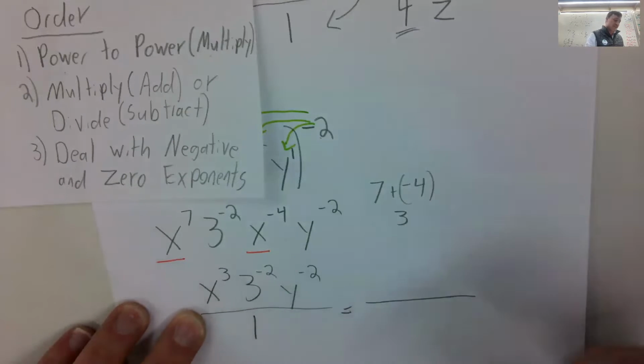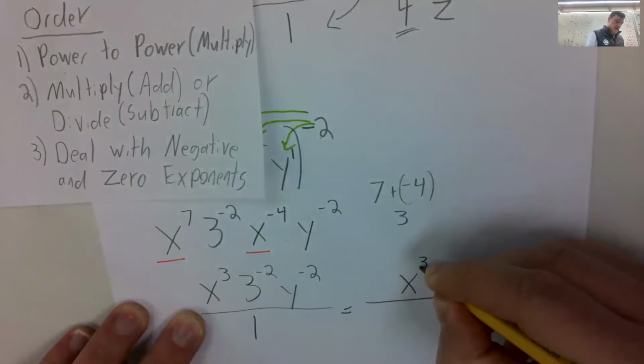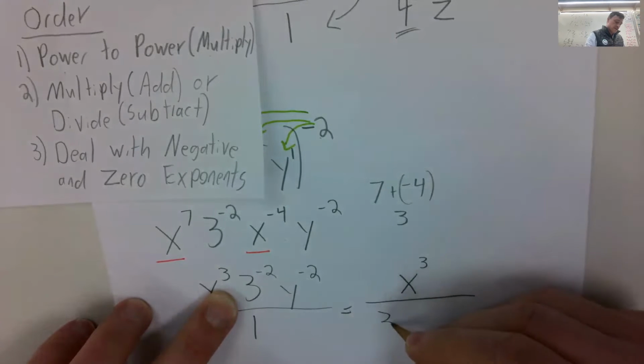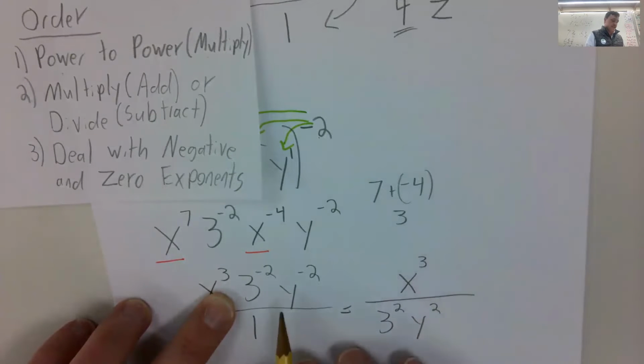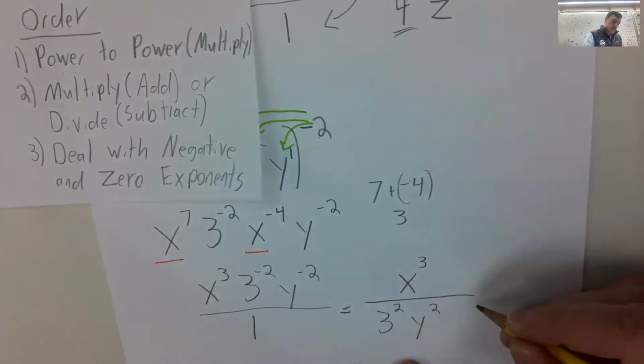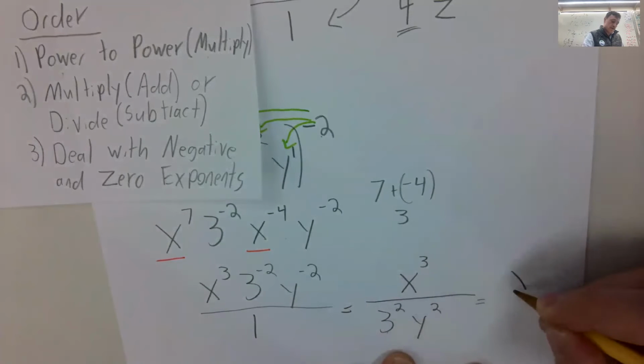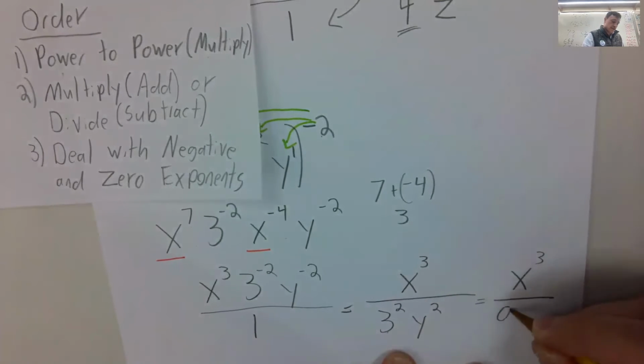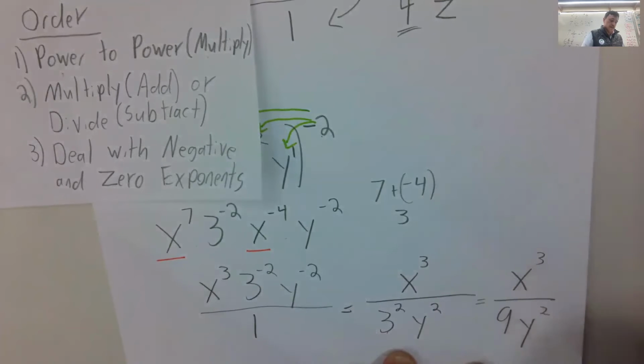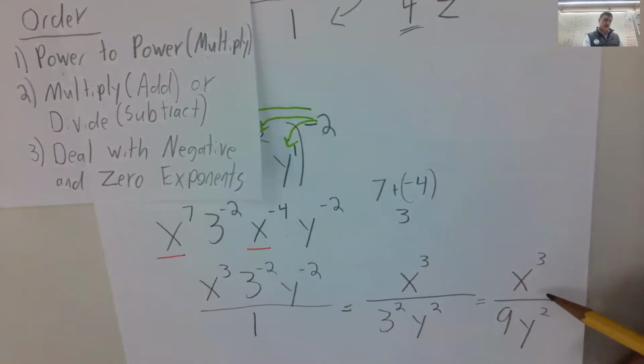Well, it's positive, so it stays in the numerator, where the 3 squared is going to go down and the y squared is going to go down. Notice that my negative exponents turned into positive once they went into the denominator. I can clean this 3 squared up. So my final answer becomes 9y to the 2nd, all underneath x to the 3rd power.